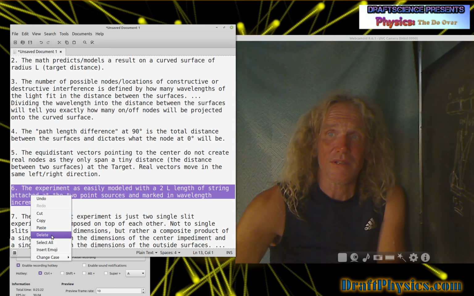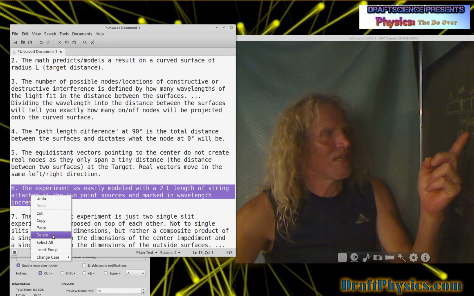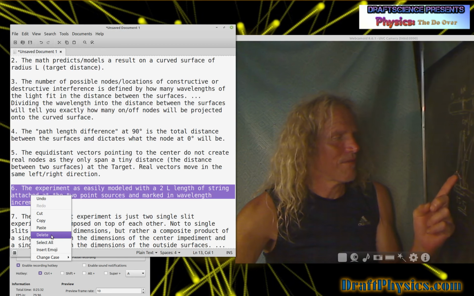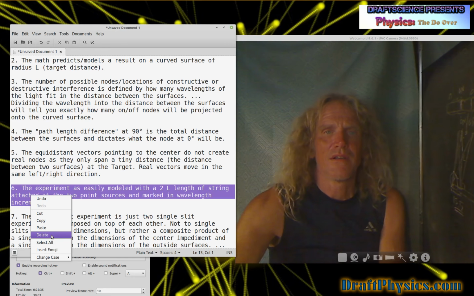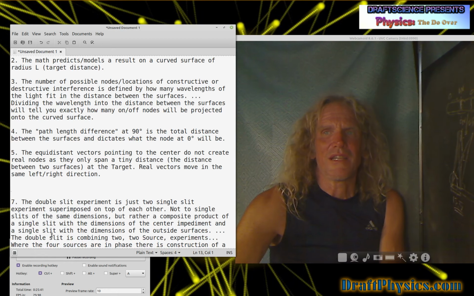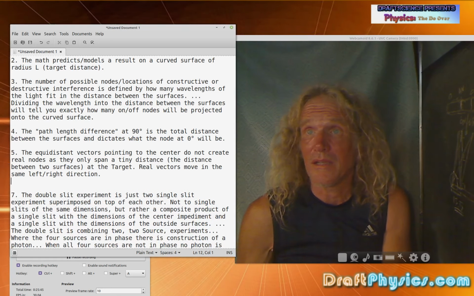It is superfluous and unnecessary. You don't need to know any more than the simple idea that you're just saying how much longer that line is getting. And when it's a full wavelength, I know I have the center of a photon node, one that's on. So we don't need this anymore. We'll get rid of it just because it's getting in the way.